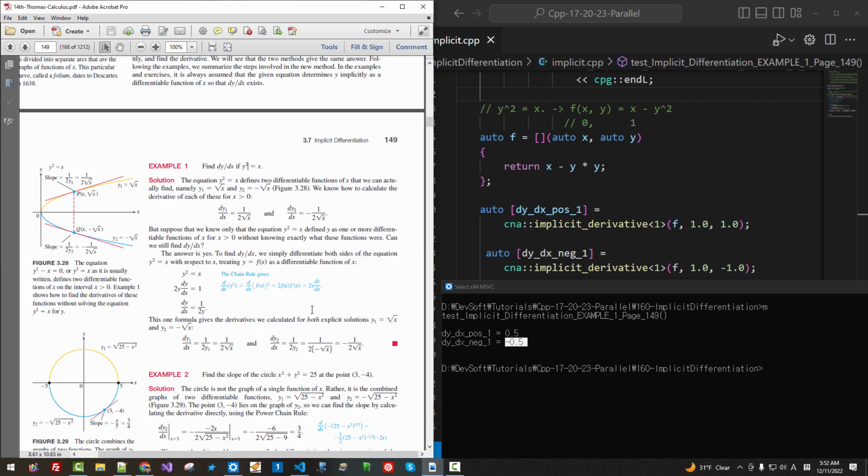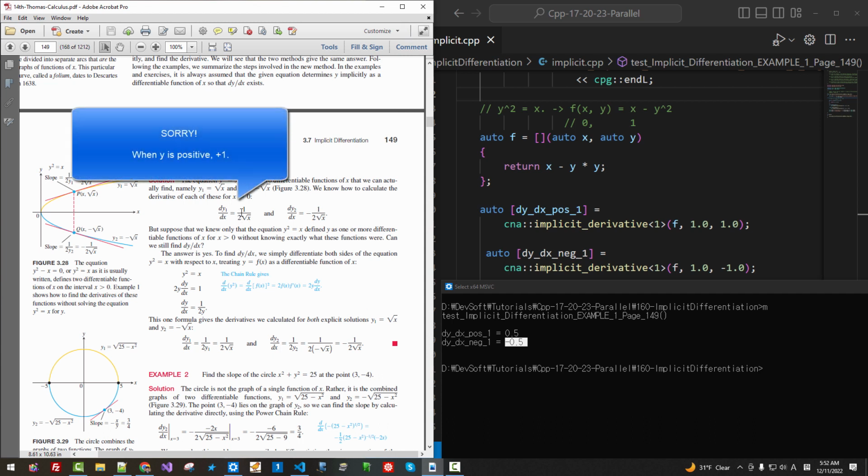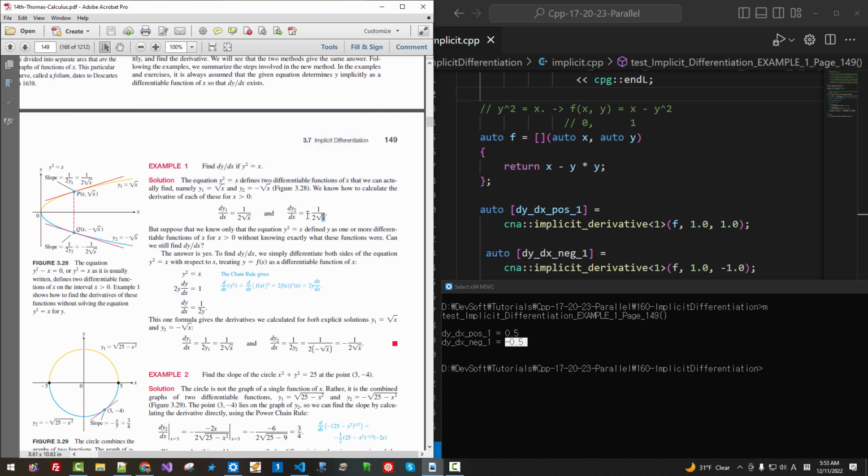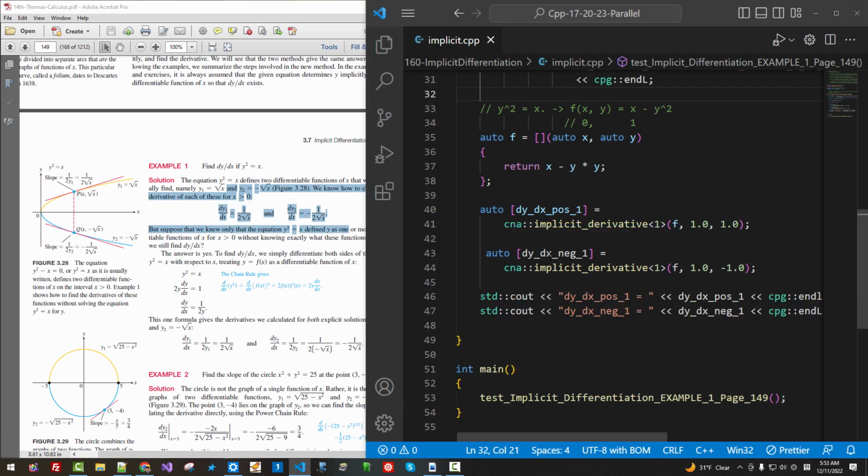As you can see, when x is 1, the slope is 1/2 or 0.5. In this case, when y is negative, the slope is negative 1/2. So we solved this problem using implicit derivatives.